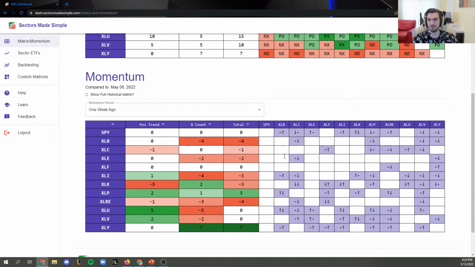Energy, 2 short-term down. Financials, 1 short-term down, 1 short-term up. Industrials, 1 short-term up, 5 short-term down, and 1 long-term up. I'm sure you can do the rest of these as well.